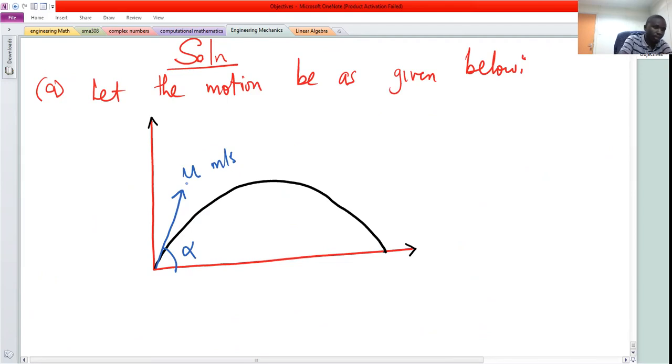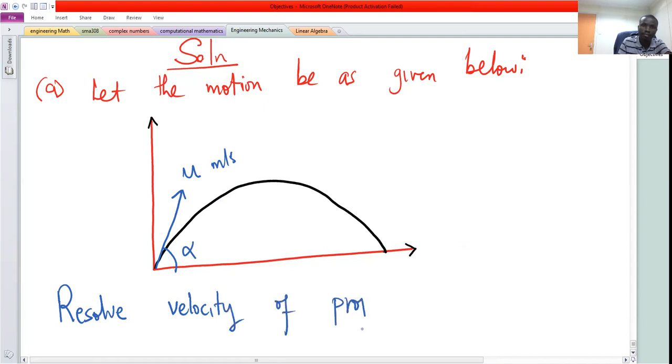So the first thing after doing the sketch, let's now resolve the velocity of projection, both horizontally and vertically. So resolving the velocity of projection horizontally and vertically.